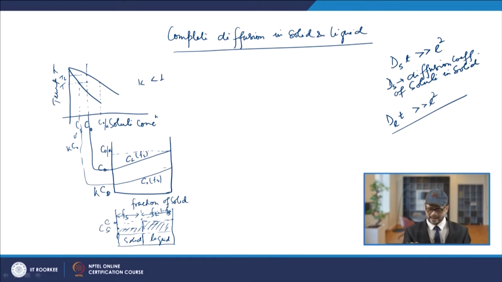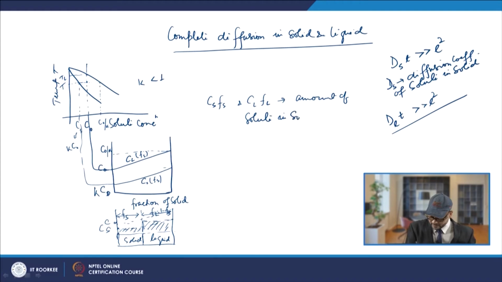Now if you look at the hatched areas, you have CSFS and CLFL. These are the respective amounts of solute in solid and liquid.